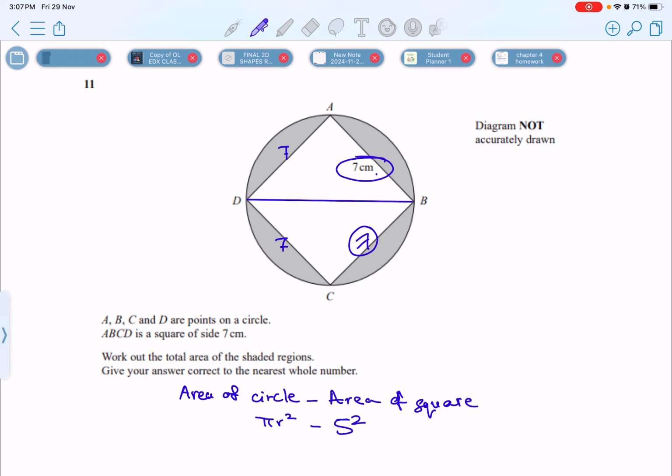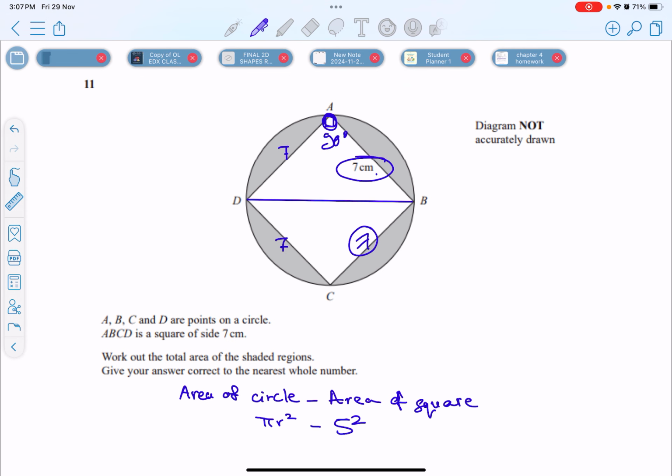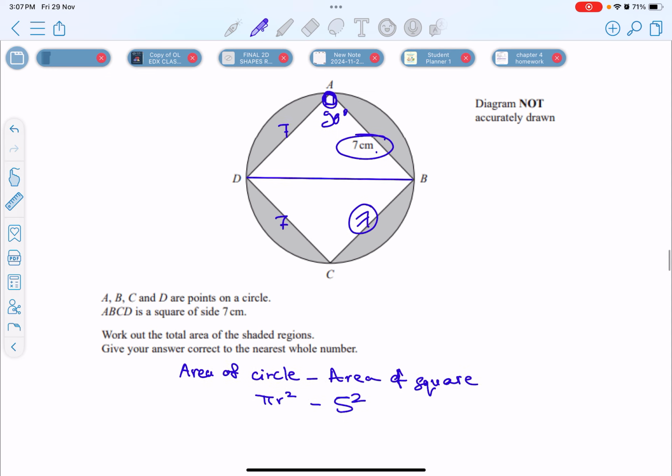And because this is a square, all the angles are 90 degrees. This angle is 90. So I'm going to find it by Pythagoras. So DB.